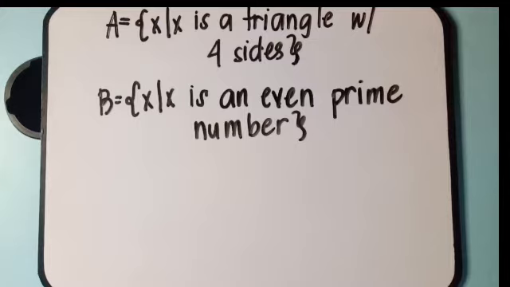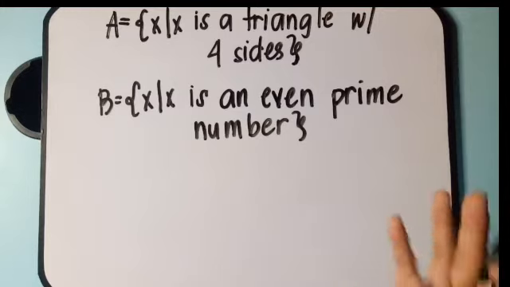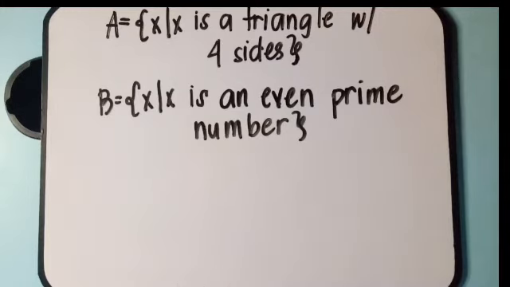We have two sets here, A and B. For set A, we have the set of x such that x is a triangle with 4 sides. I've mentioned already this set sa previous example natin kanina, wherein we all know that we don't have a triangle that has 4 sides. Kasi kapag 4 sides, ang tawag doon ay quadrilateral.